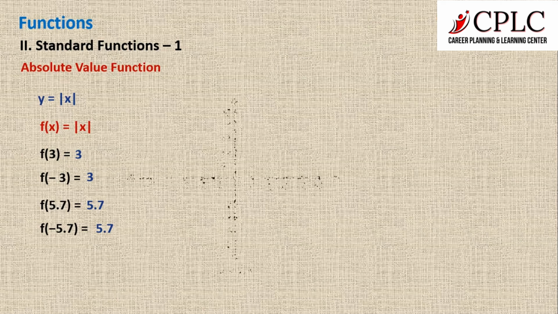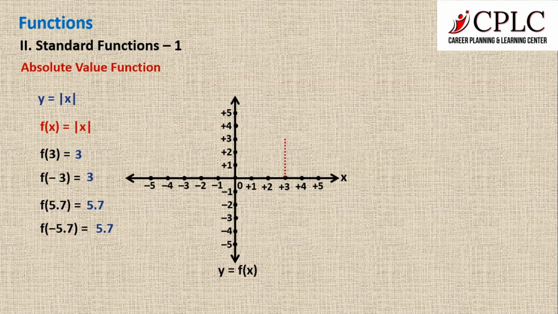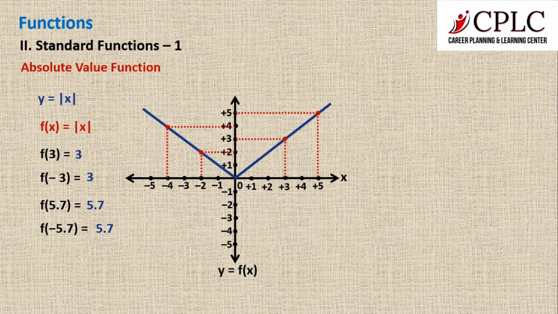And when you try to plot the graph, you will realize that it is a V-shaped graph increasing on both sides in the first and the second quadrant. Why in the first and the second quadrant? Because you observe the values of y, they are always positive, and y is positive on the upper side of the graph. So the graph will always stay on the upper side. It will never come on the lower side, because at the lower side y will be negative.